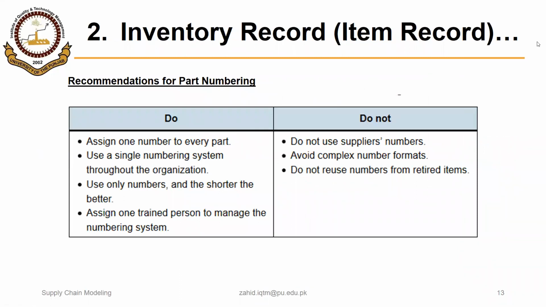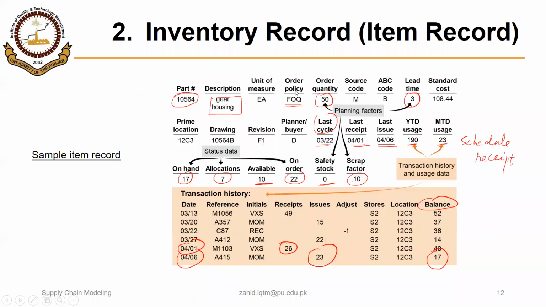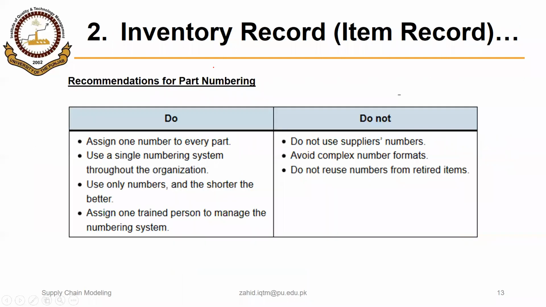Next, we have a very important point here, actually, which is how we can number the parts. This is a very important and detailed topic, but there are some do's and don'ts. For example, one of the important considerations is that you should assign one number to every part. It is important to use a single numbering system throughout the organization.